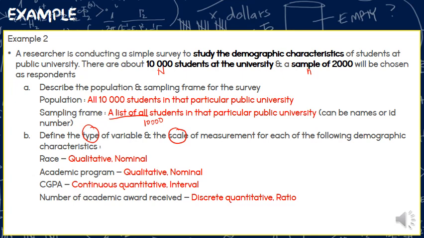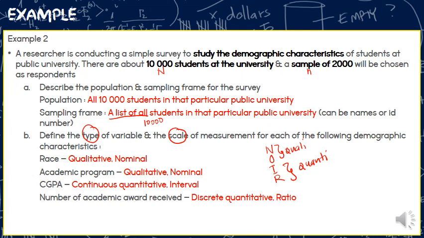Kalau you still ingat lagi, scale of measurement ni ada nominal, ordinal, interval, ratio. Nominal, ordinal, qualitative. Interval, ratio, quantitative. So, next one, CGPA.